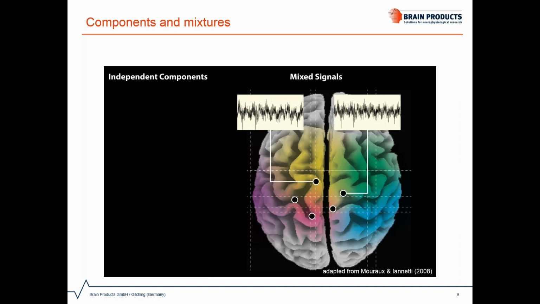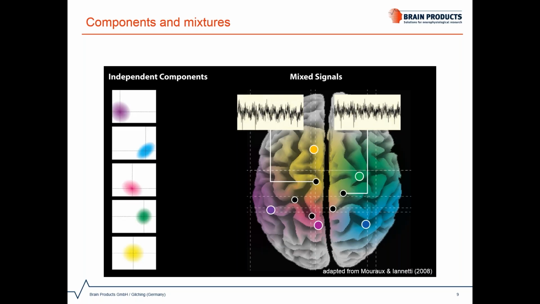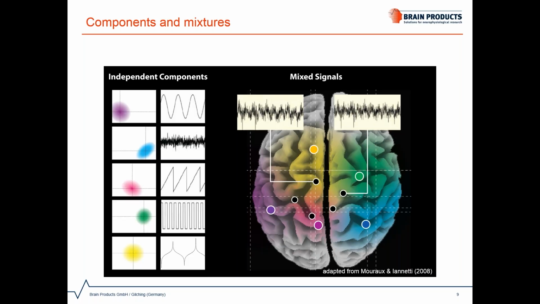Now let's transfer this example to brain activity and EEG recordings. We assume that there are different sources of brain activity. These would be the different instruments of our orchestra. Each of them has their own independent time course. We record this activity with electrodes on the scalp surface. These would be our microphones.